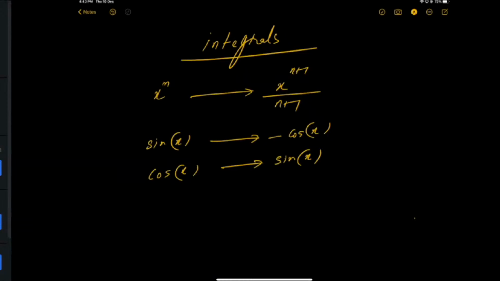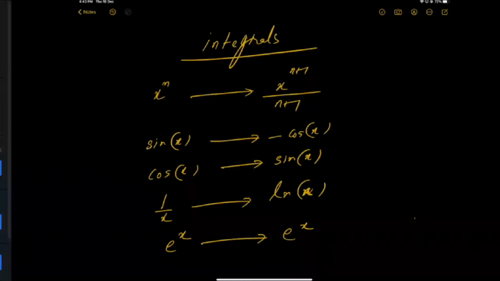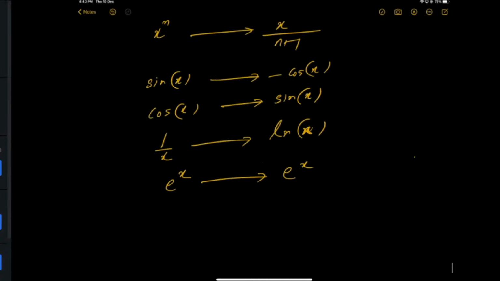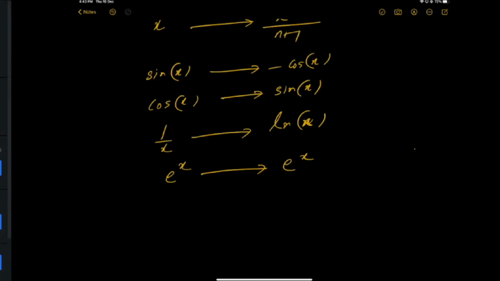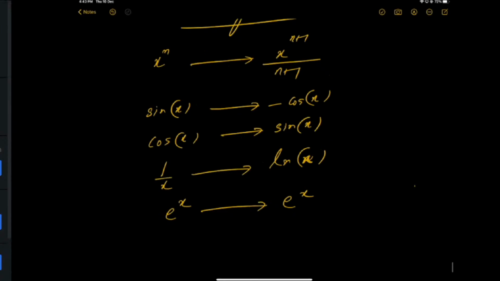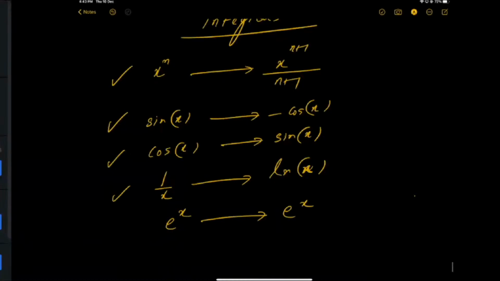The integral of 1 by x is natural log of x, not minus 1 by x square, that is differentiation. The integral of e power x is e power x. You have to remember these integrals. Apart from these, other integrals occur rarely.